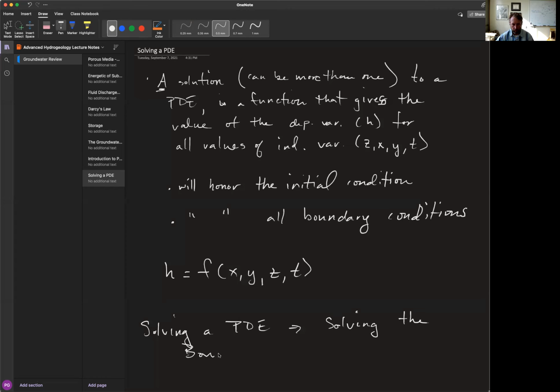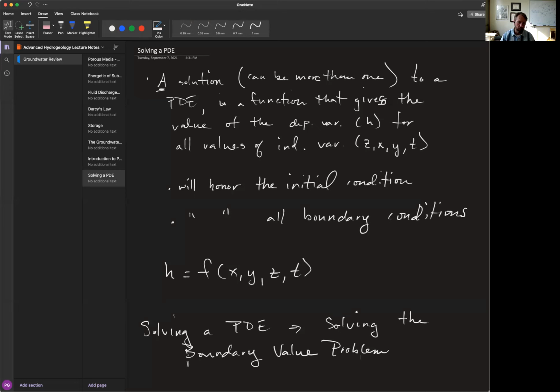If you're a mathematician who studies PDEs and how we derive solutions, this is probably a more commonly used term, solving the boundary value problem.